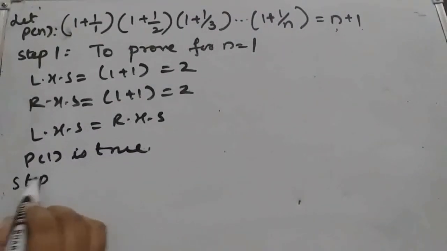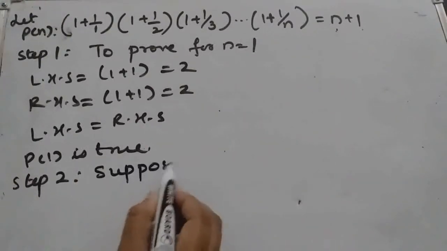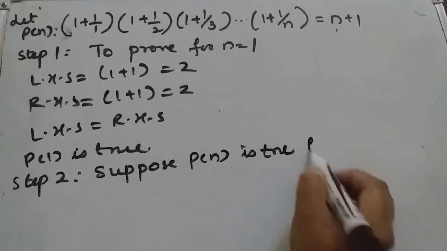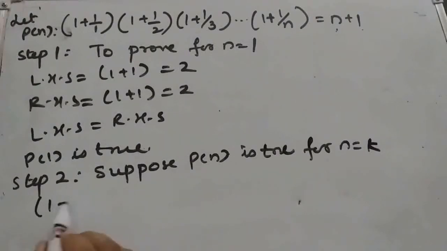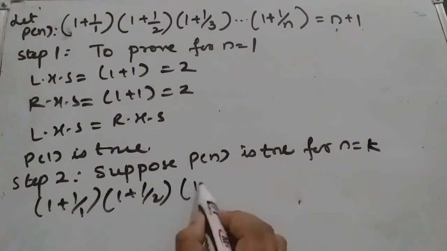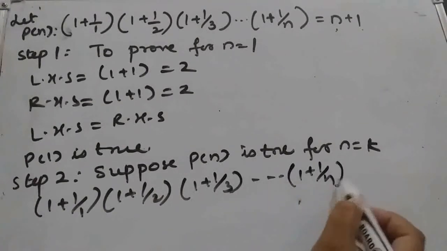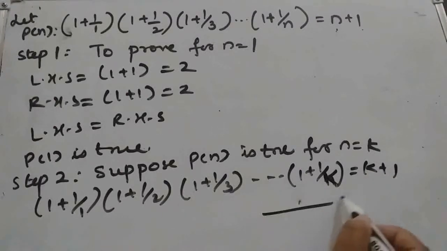Now step 2, suppose P of n is true for n equal to k. That means 1 plus 1 by 1, 1 plus 1 by 2, 1 plus 1 by 3, up to 1 plus 1 by k is equal to k plus 1. This is equation number 1.